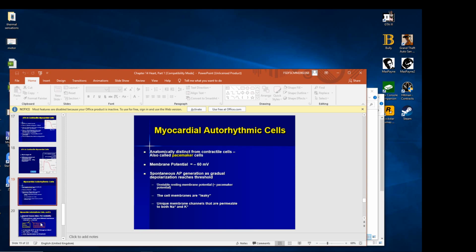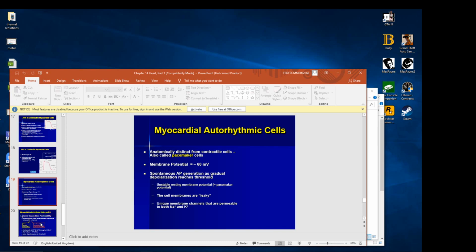Myocardial autorhythmic cells, anatomically distinct from contractile cells, are the pacemaker cells, and their membrane potential is much less negative, about minus 60 millivolts, with spontaneous action potential generation as gradual depolarization reaches the threshold.